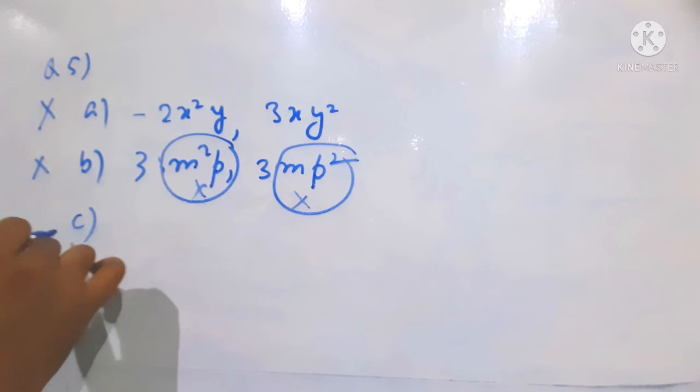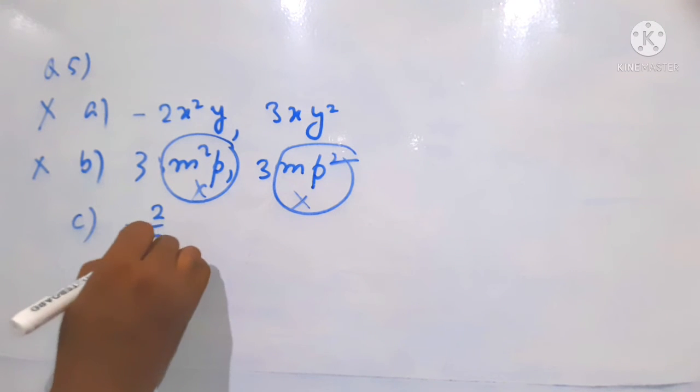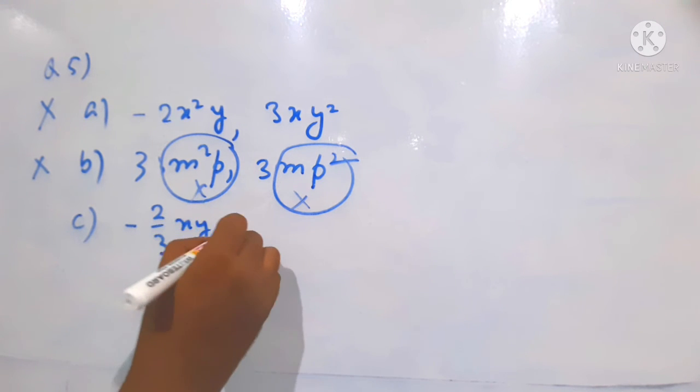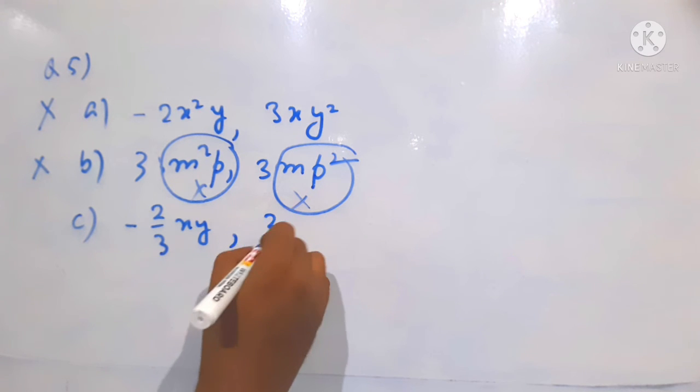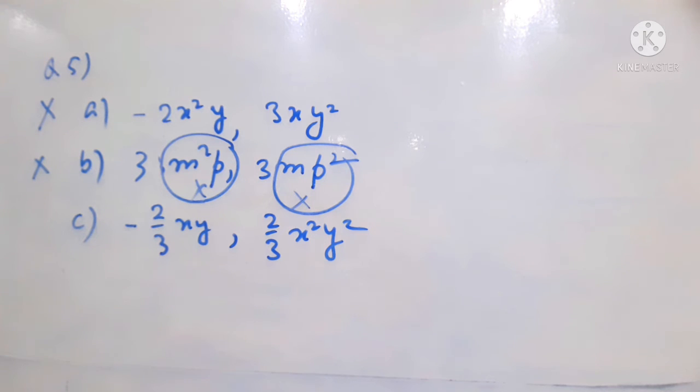Okay. Now check option C. It's given minus 2 by 3 xy and the second part 2 by 3 x square y square. This is xy and this is x square y square.